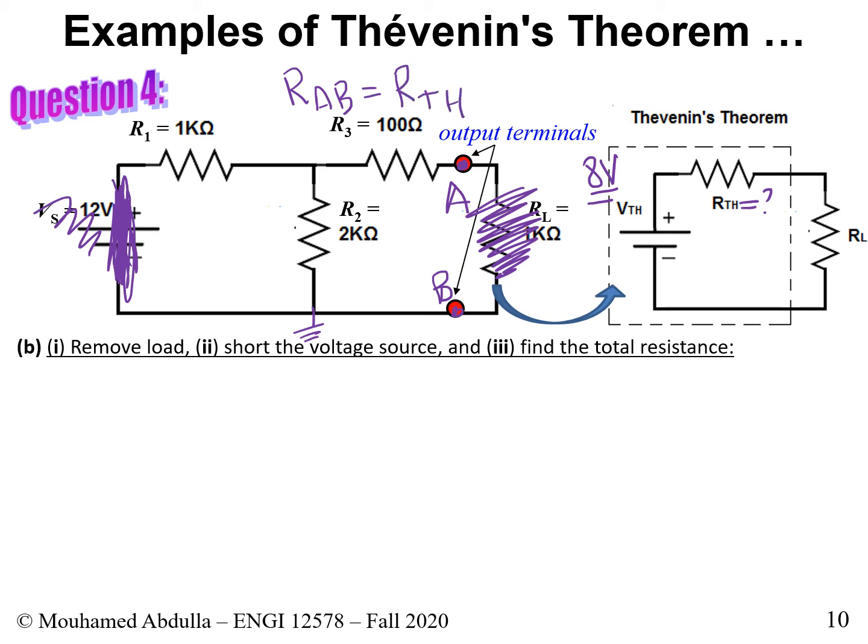When you want to find the resistance between these two nodes, you begin from the opposite side and move forward to the output terminal.